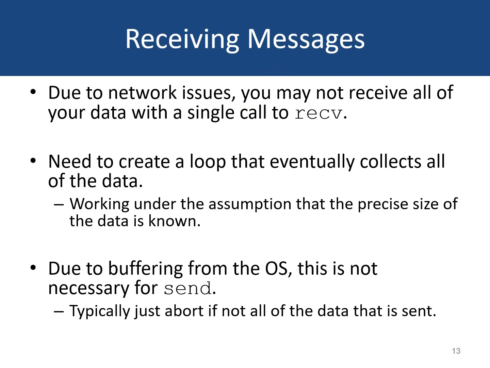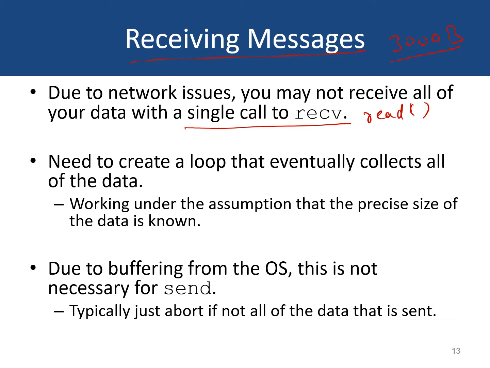It is important to realize that when we are reading messages from the socket or receiving messages on the socket, due to networking issues, we may not receive all of our data with a single call to receive or read functions. So for instance, let's say we are expecting to receive 3000 bytes of data from a sender, and the sender has sent all of these 3000 bytes of data in a single chunk.